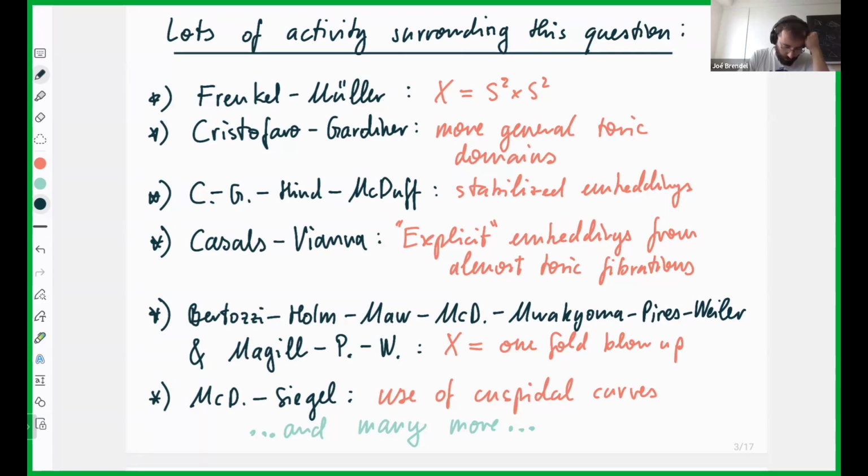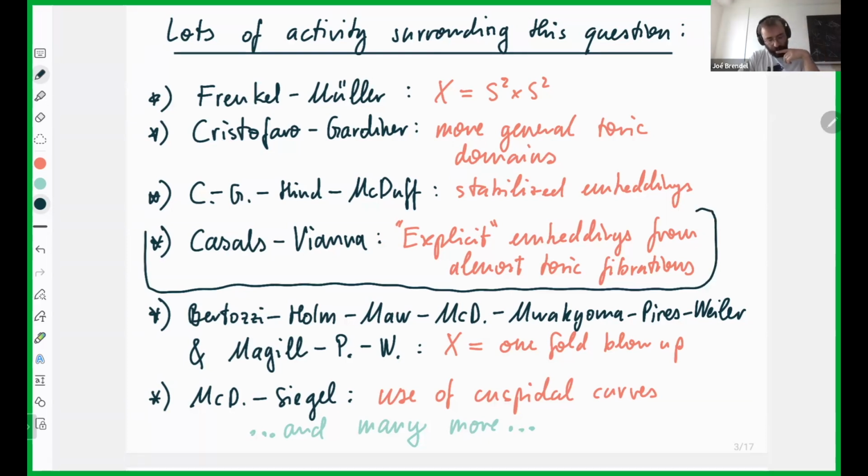And actually for us today, what will be crucial is this Casals-Vianna paper, where, before this paper came out, it was not known that you could see the volume filling embeddings explicitly. And using almost toric fibrations, they've illustrated that you can actually draw them in almost toric fibrations.